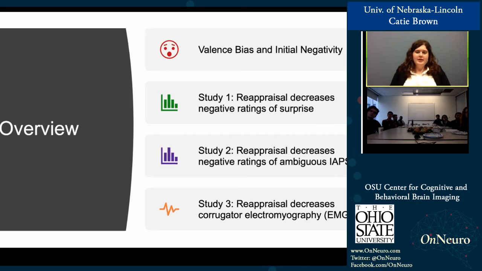And then study 3 suggests that this reappraisal actually reduces the implicit negativity that participants are experiencing towards the clearly negative images, and maybe is leading to actual decreased negativity in feelings, not just reporting in session 2.